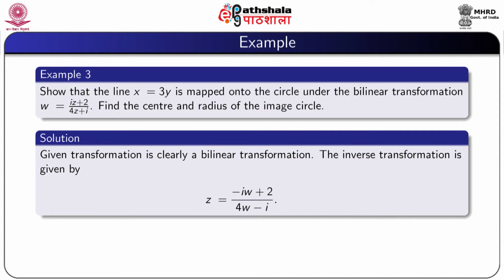Solving, we obtain the inverse transformation as Z = (−iW + 2)/(4W − i).